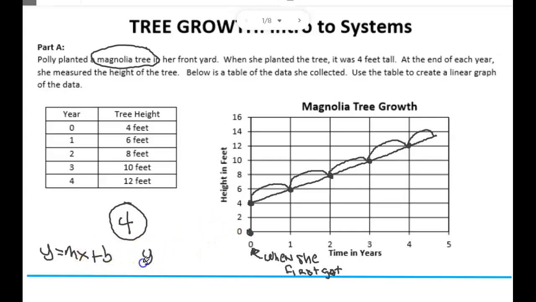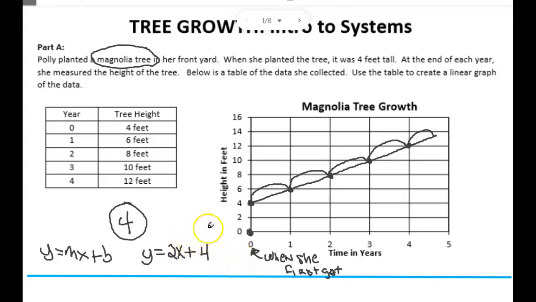Our movement on the y-axis will be dictated by the rate of change. But before we get to the rate of change, we're going to go in at the starting point. So 4. So then, what's the rate of change as we saw? Looks like it keeps increasing by 2 feet. And there we have it.